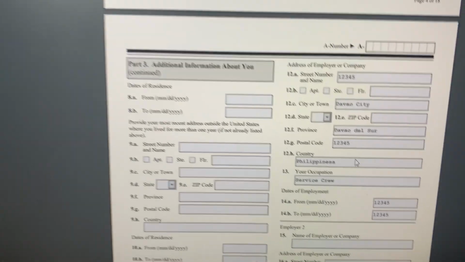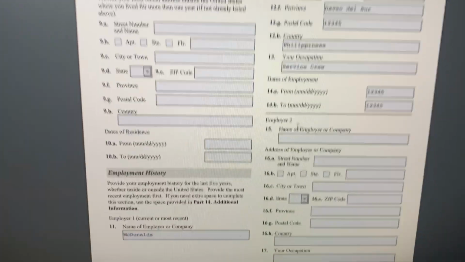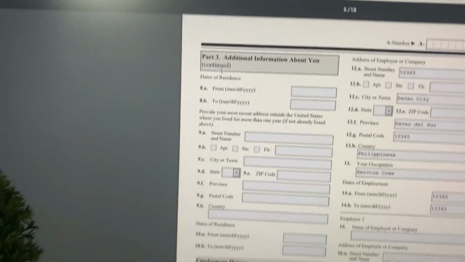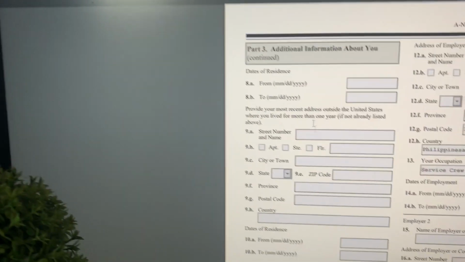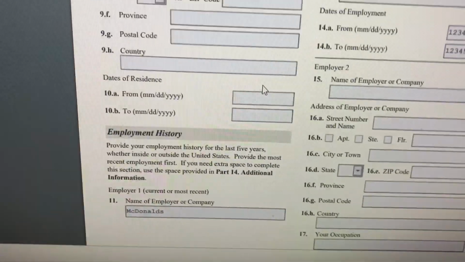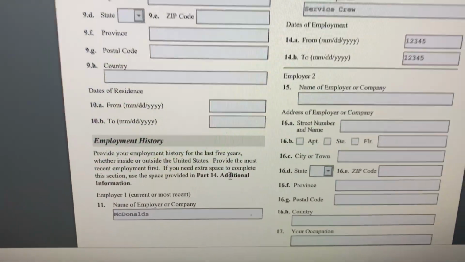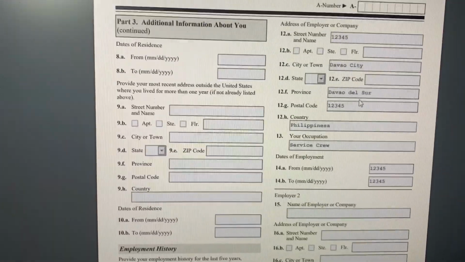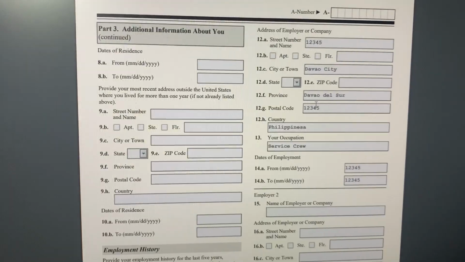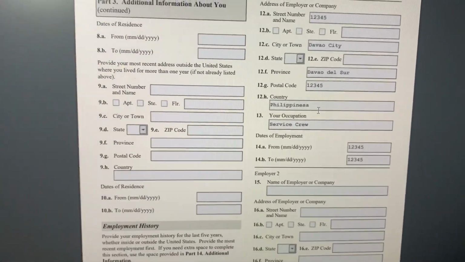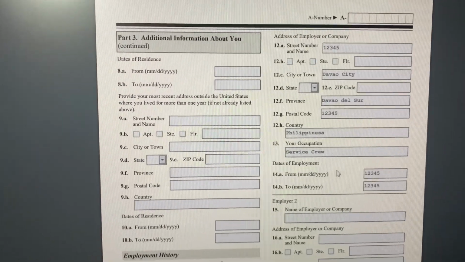And moving on to page 5. Oh, this is for the employment. This is additional information about your address. I only have one address. And your employment history: just put your company and the address of where you used to work in the Philippines, or whichever country you came from.